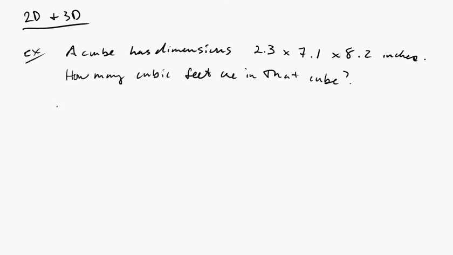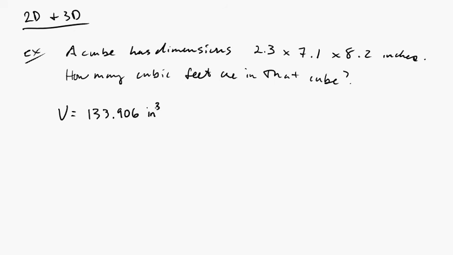And the volume of the cube is when you multiply length times width times height. And so we're going to work with 133.906 inches cubed. So if you had little cubic inches, you could put about 134 of them in the cube that we have here.